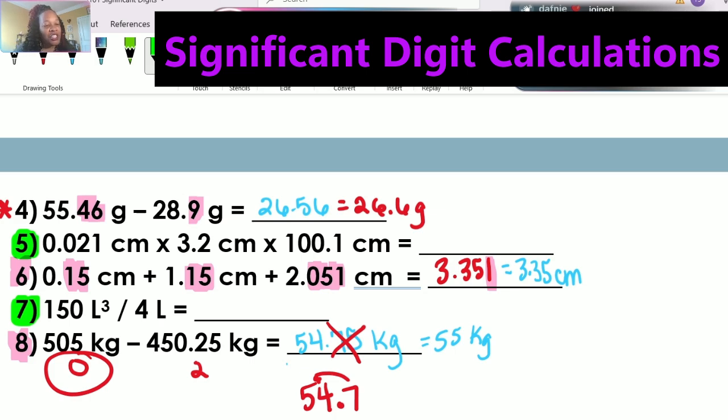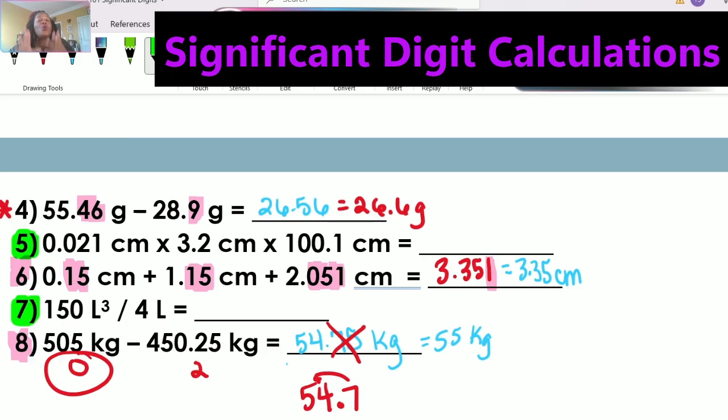Okay, Sherry says, so for number 8, even though it has 3 significant digits, you don't put any behind the decimal. Okay, now remember, I don't know when you had come in. When we were talking about adding and subtracting, the rule says you go with the least after the decimal.